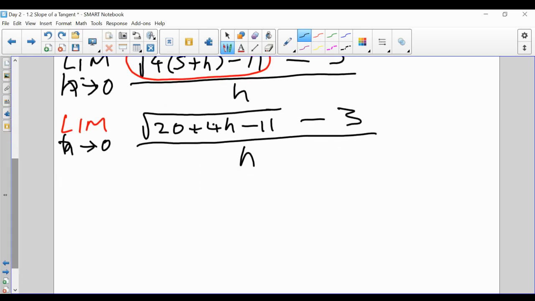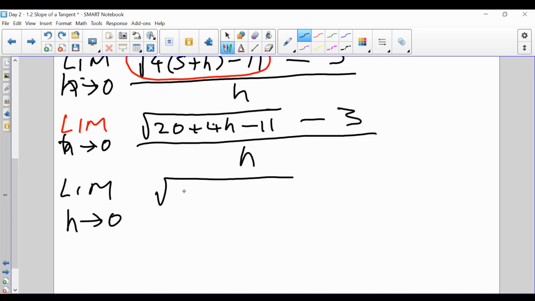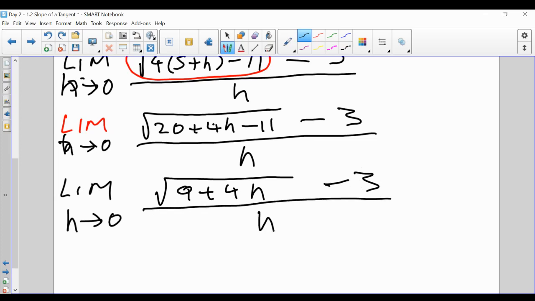Okay, so let's see if we can tidy this up some more. The limit as h approaches 0 of the square root of 20 minus 11 is 9 plus 4h, minus 3. Now remember that this minus 3 is not being square rooted. The only thing that has to be square rooted is the 9 plus 4h, and that's over h.